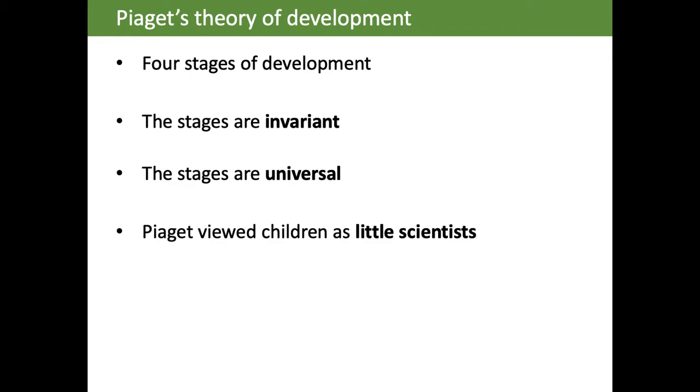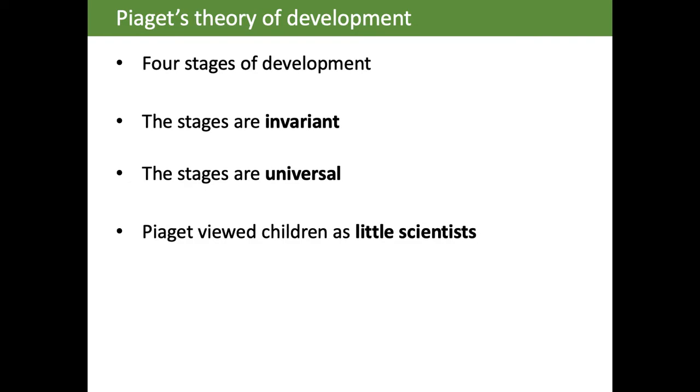Now, it's important to note that these stages are invariant and universal. So invariant means that they are specified in their order. Okay, so everyone is going to move through them in this particular order, and they are universal, which means they apply to everyone. They're kind of innate.